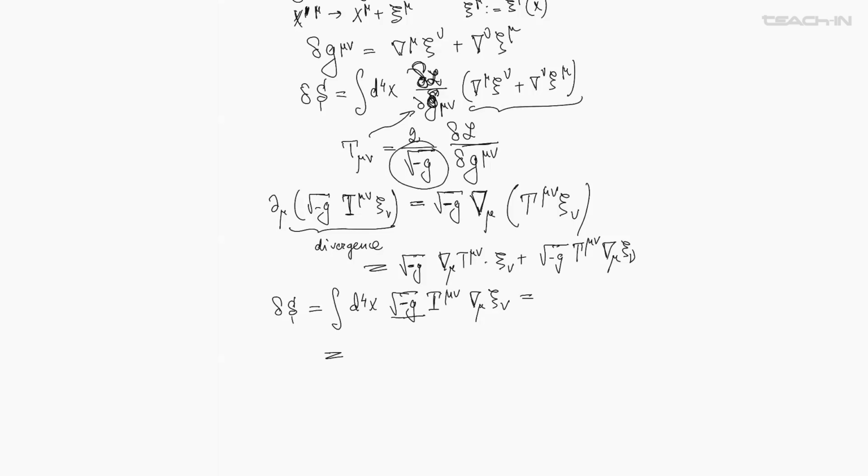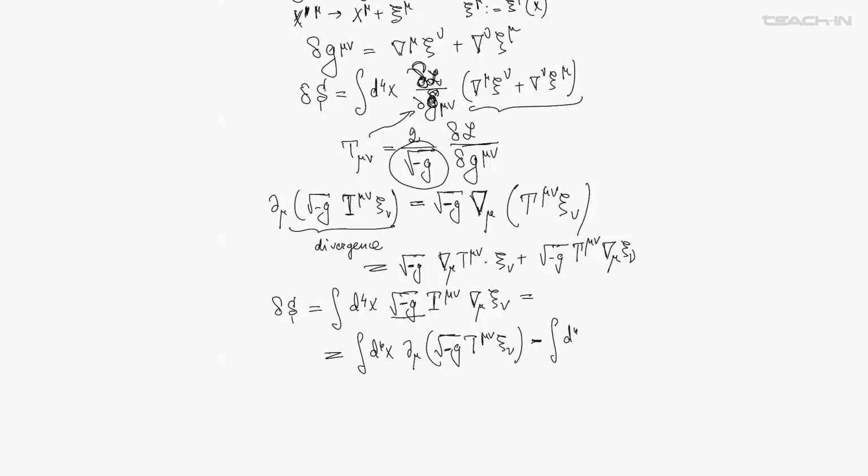So I get first the total derivative term ∂_μ of square root of minus g T^{μν} ψ_ν. And second term, I have to take minus, and the covariant derivative will be acting on this expression here.